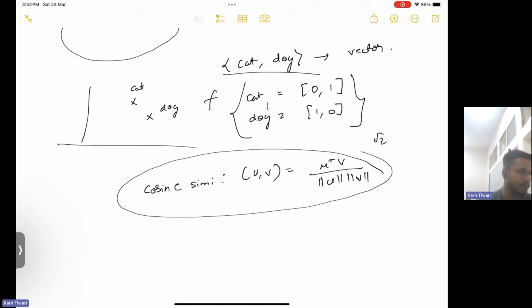That's why we have no semantic meaning between dog and cat. But we want a certain relation showing how near cat and dog are in the representation.